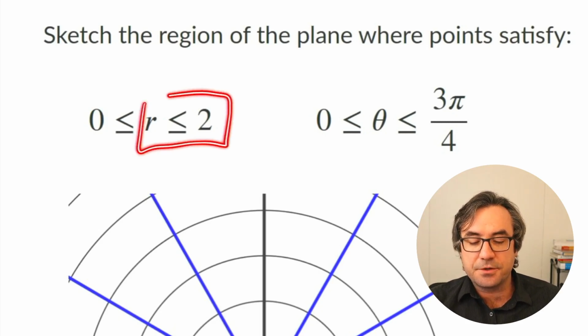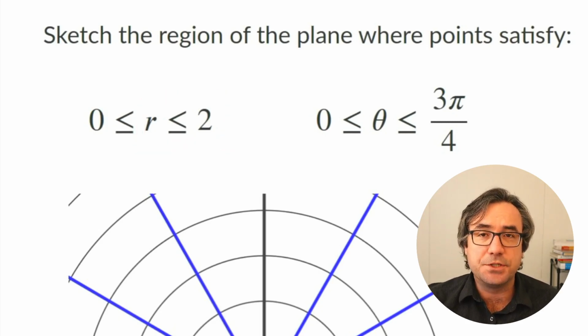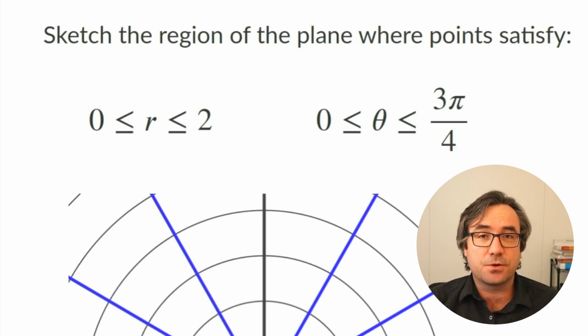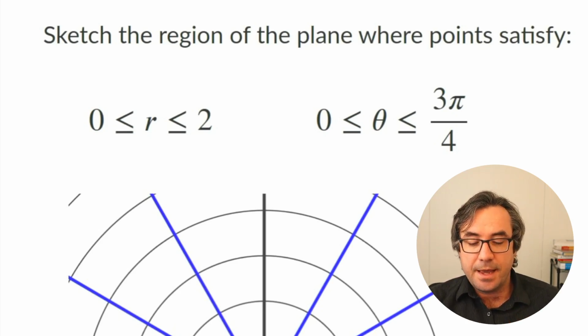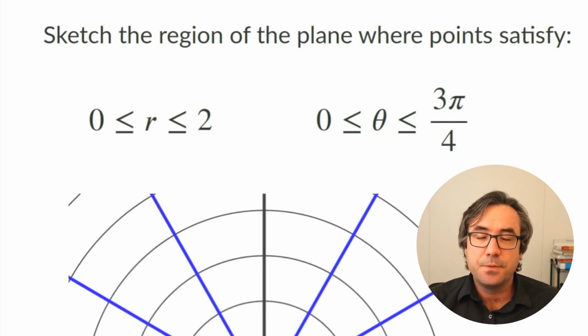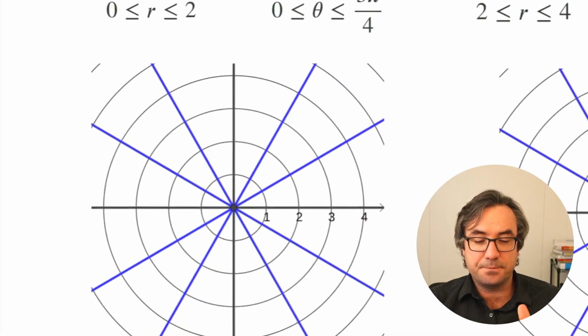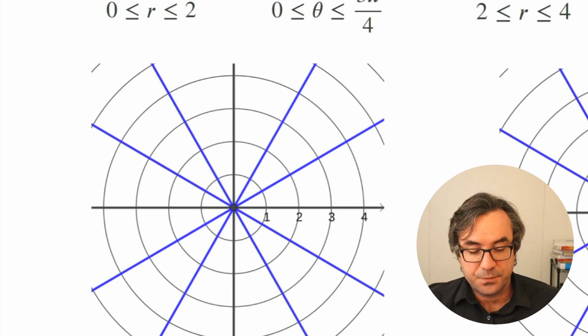Well, let's look at the other side of this inequality, r equal to 2. We know that is going to be a circle of radius 2. And if we're allowing r values in between 0 and 2, we're just going to fill in the circle. So let's draw our circle of radius 2 here. We count out 2 units, and then go around the circle.